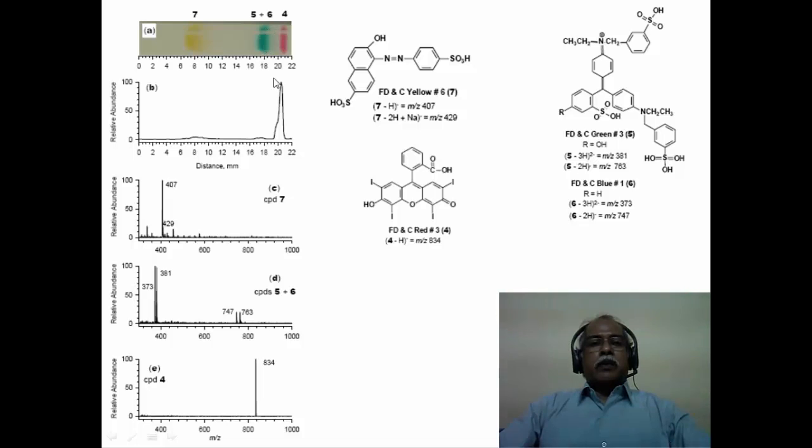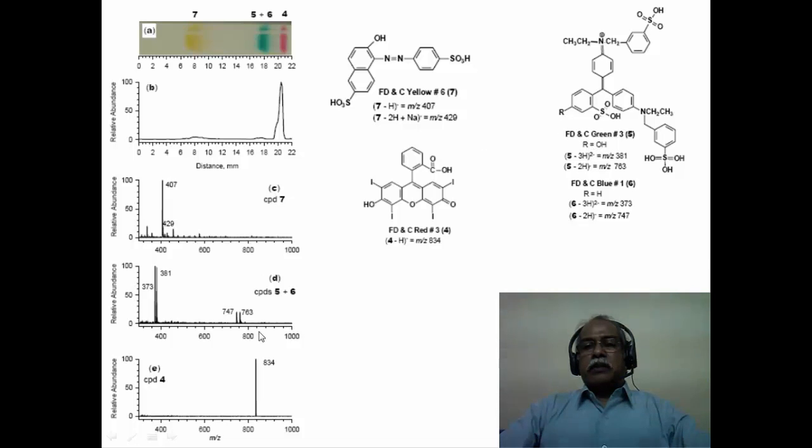Now, the blue spot is essentially a combination of two dyes. The dye structures are shown here. For example, there is a green dye which is called dye number 5, and there is another blue dye which is also called dye number 5. The essential difference between these two dyes is that the R group is either a phenolic OH group or hydrogen.